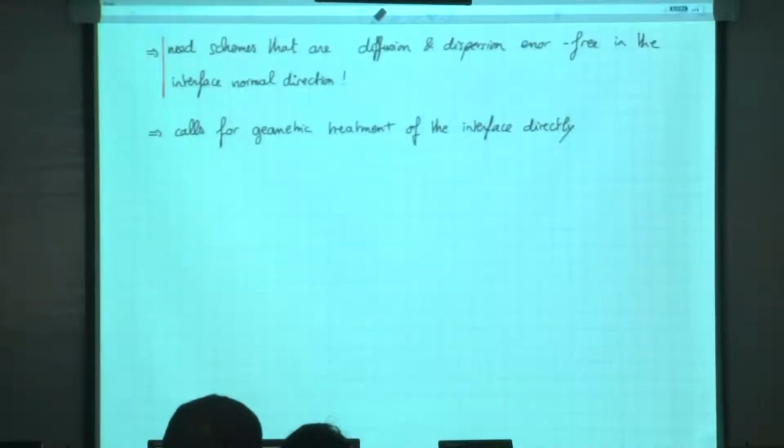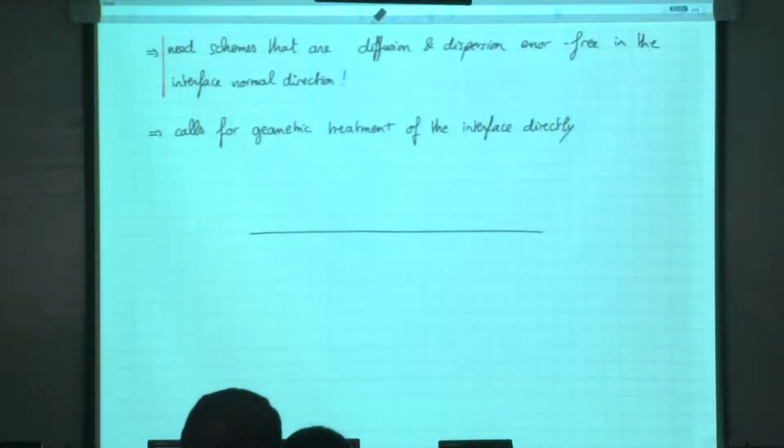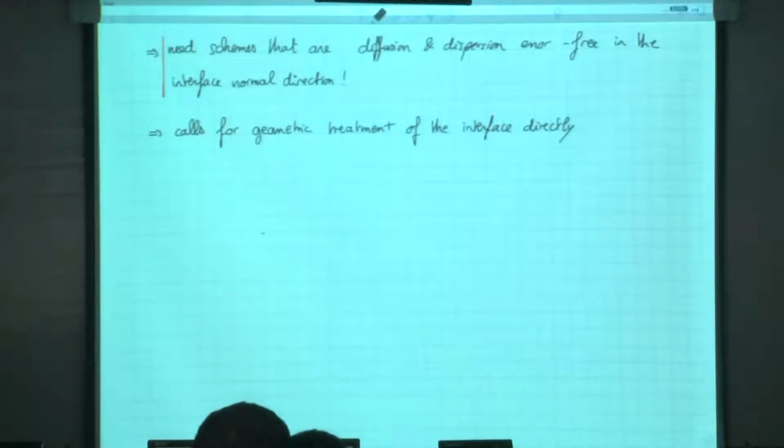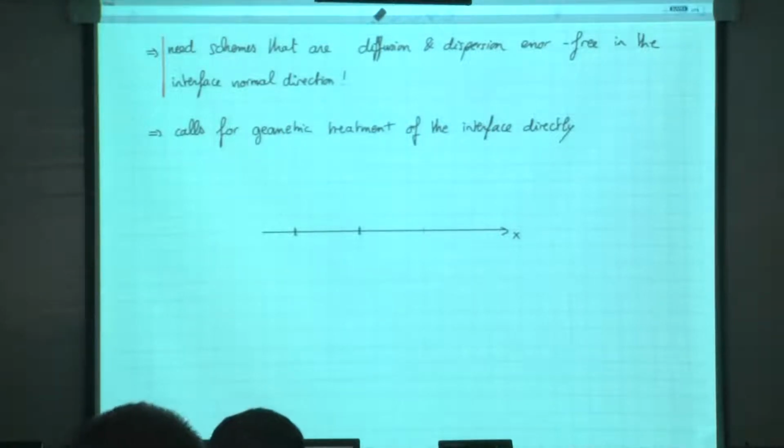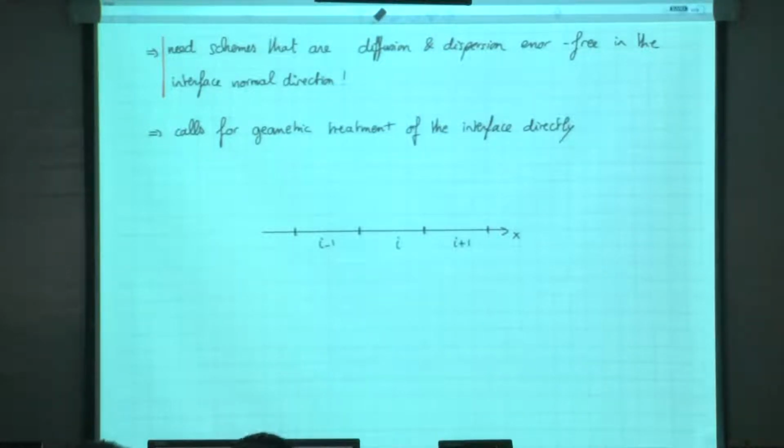So let's see how this would look like with our little problem. So if I'm looking at a 1D flow, give myself grid cells. This is cell I-1, cell I, and say cell I+1.